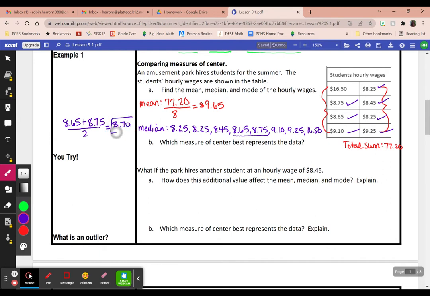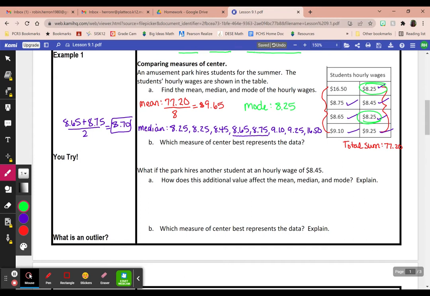Okay, so there's my median. All right, and then the mode would be the number that appears the most, right? And so our mode is 825 because it's the only one that appears more than one time. Okay, so I'm going to put up here, my mode is 825. Okay, so I've got all three.